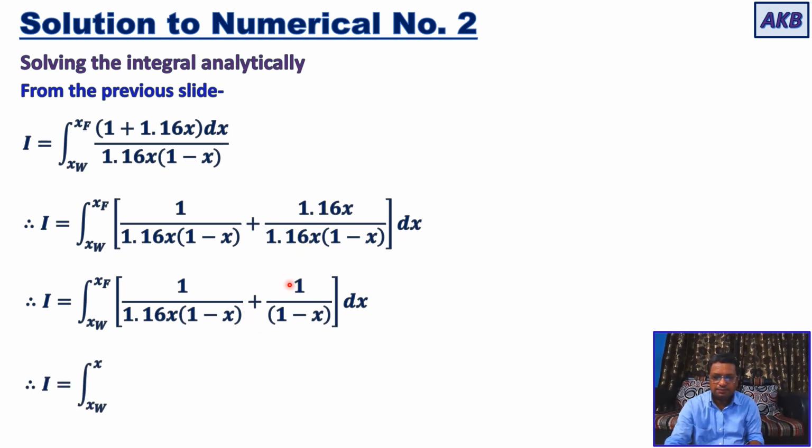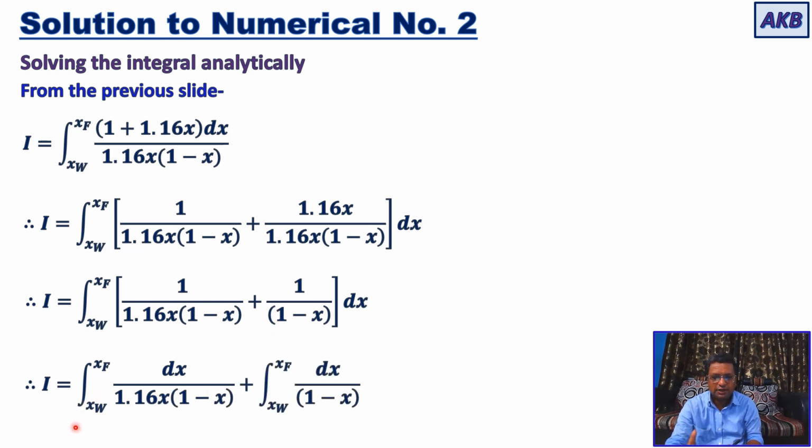Next step, I'll separate the integral so that I will have two integral terms. Therefore, I is equal to the integral from xw to xf dx upon 1.16x into 1 minus x, the first integral term, and the second one will be plus the integral from xw to xf dx upon 1 minus x.